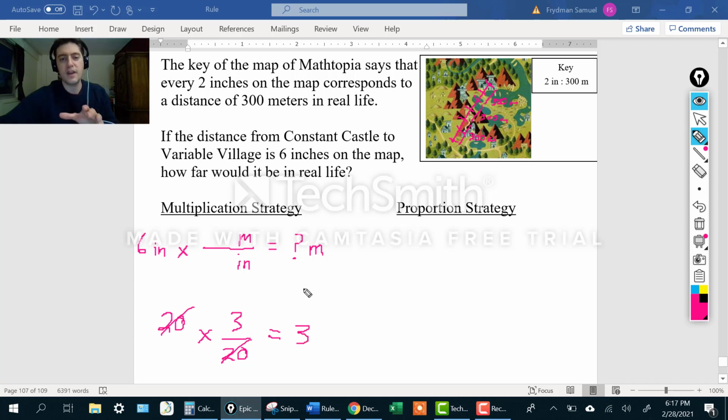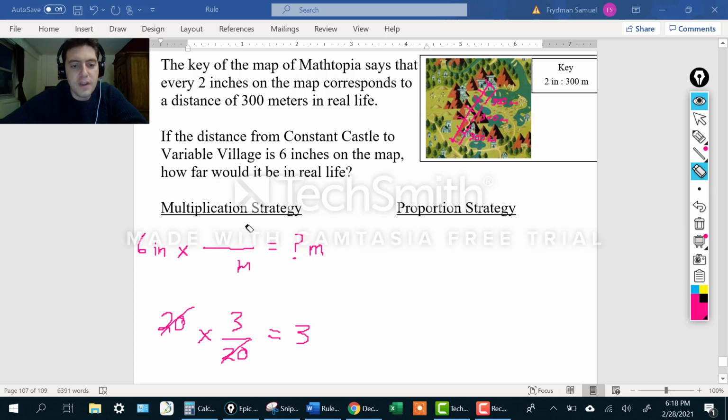Now, why do I bring that up? It's because units cancel in the same way that fractions do. So if I put the inches over here and the meters over here, then this and this are not going to cancel. They have to be the same in order to cancel out, just like these 20s are the same over here.